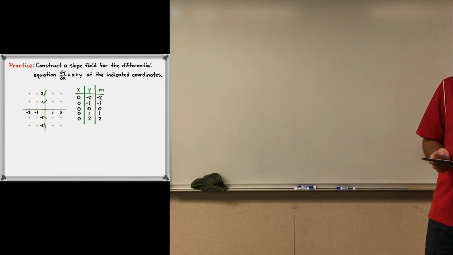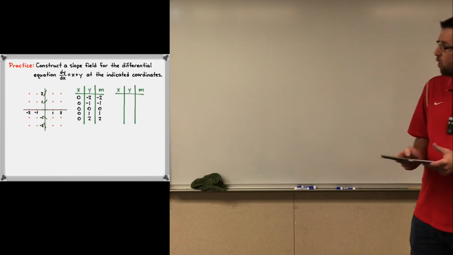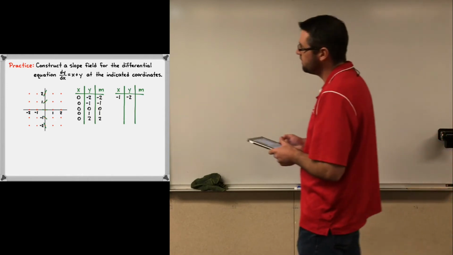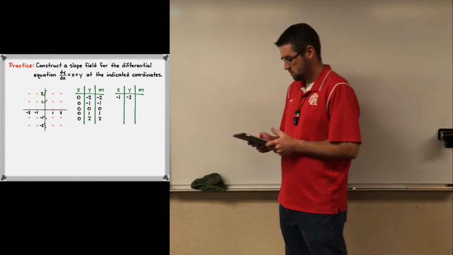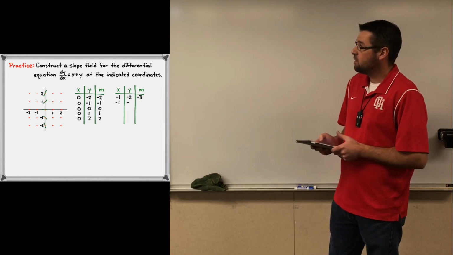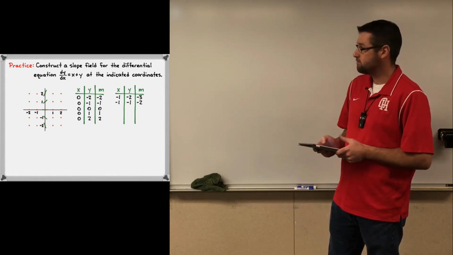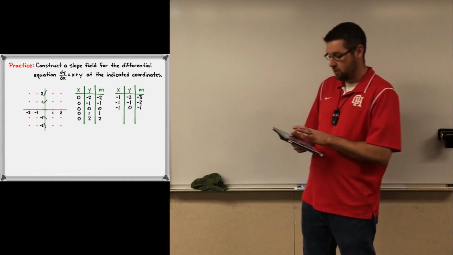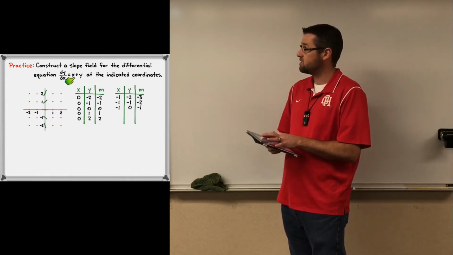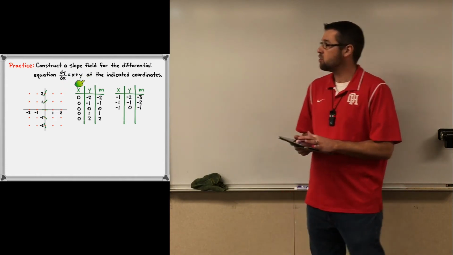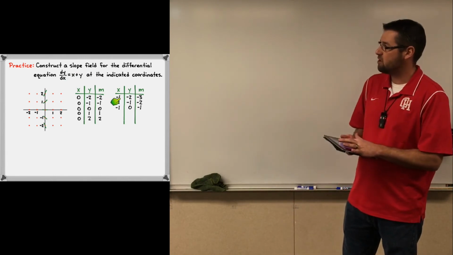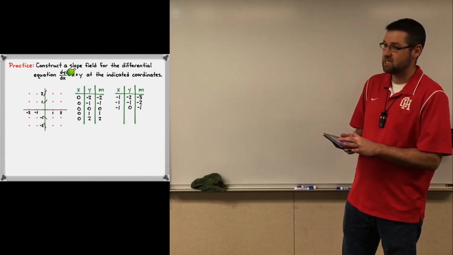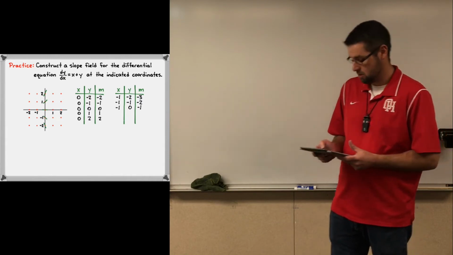20 more to go. So let's pick like 1, -2. What's the slope at 1, -2, I'm sorry? -1. Then -1, 0. Well, we're just adding them together because it says dy/dx is x plus y. You're just going to plug these values into the x and y values in the differential equation.